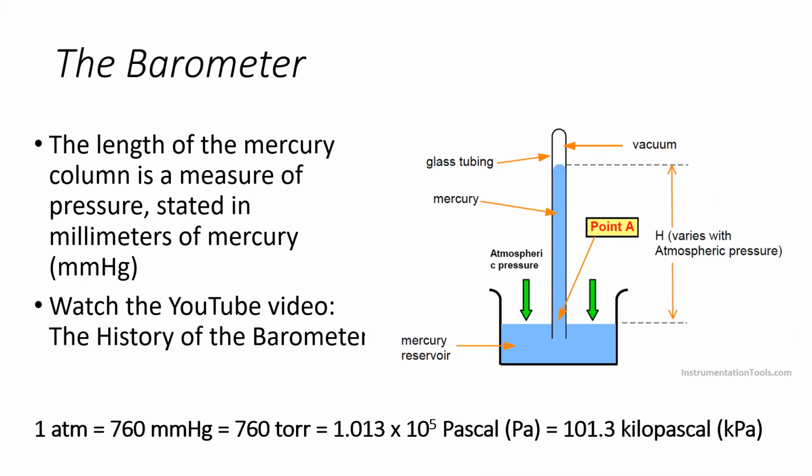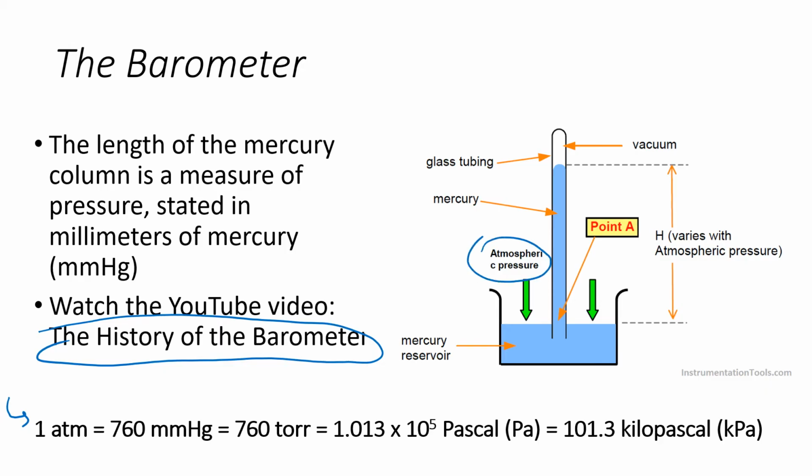All right, so a barometer is used to measure pressure. There's a video called The History of the Barometer that I want you to watch. That's just some good information, and it also provides a lot of information for the different units of pressure. So the way that it works is that at a certain elevation, there's a certain amount of atmospheric pressure.